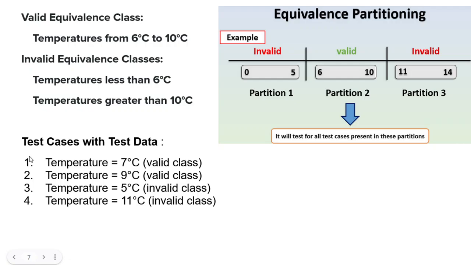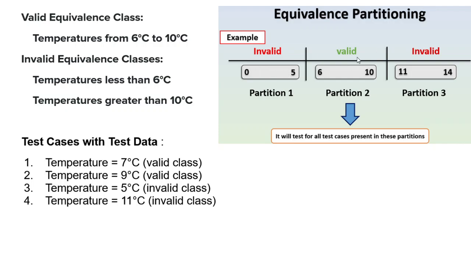So that is the main benefit of equivalence class partitioning. You don't have to test for all the values. You can just pick one or two values from each class. If you test it for that value, then it will work for all the other values from that specific class, whether it is a valid class or invalid class.